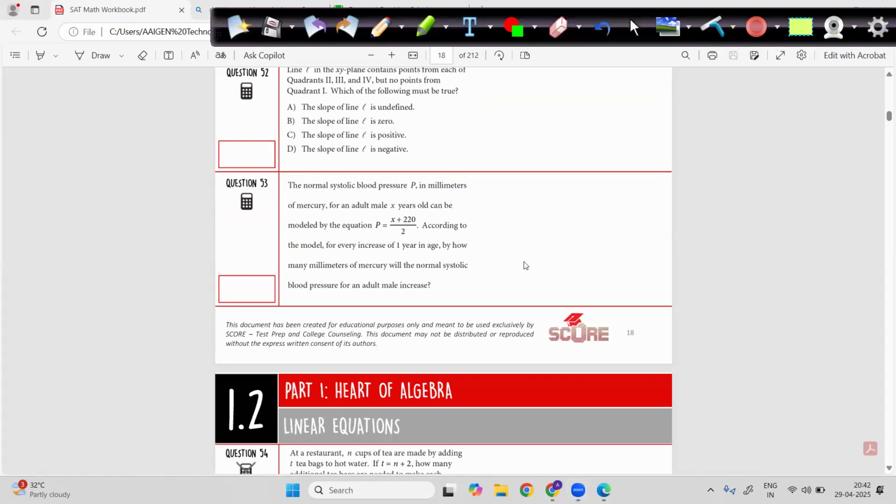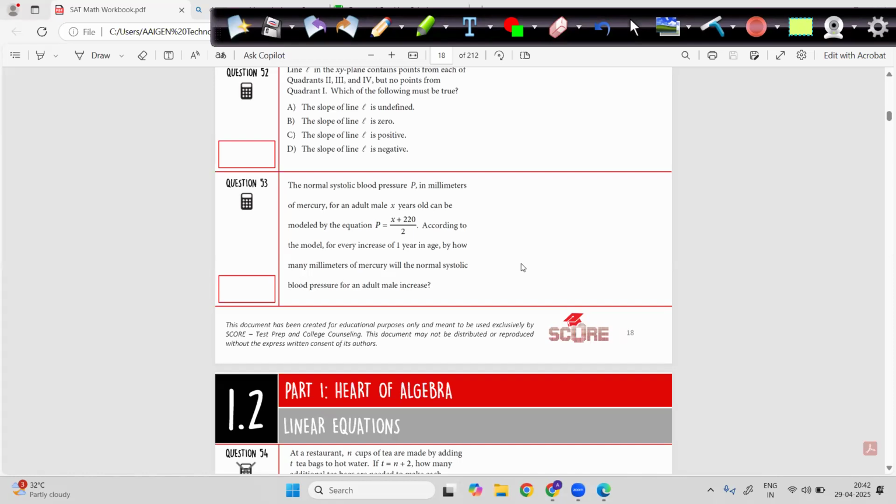Please see question number 53. The normal systolic blood pressure P in millimeters of mercury for an adult male X years old can be modeled by the equation. So blood pressure for a male X years old can be measured by this.